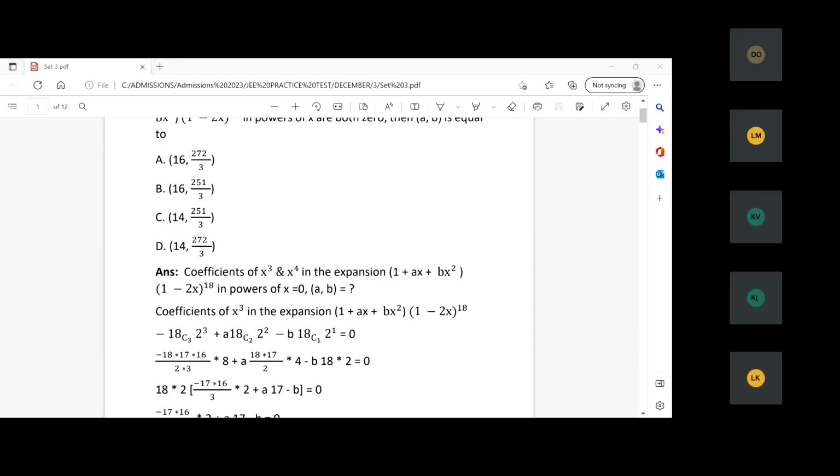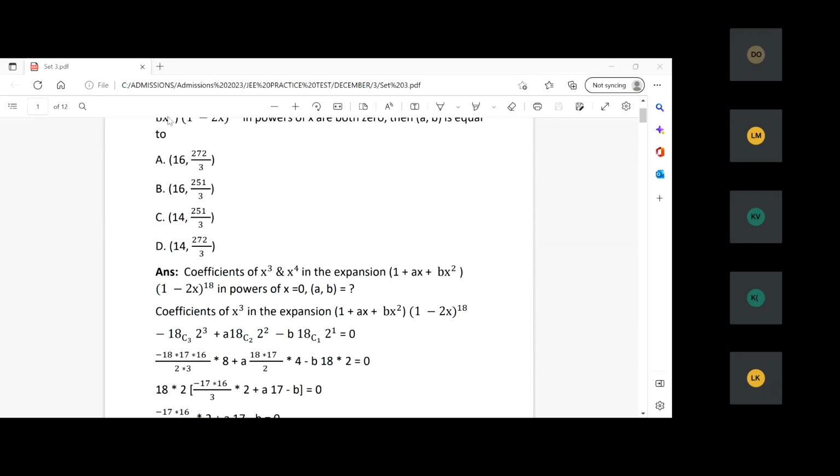I've not written all of them in detail, so you can just expand it and start assigning the coefficients. With this very simple logic, it's very easy to solve this question. It's a direct question, you need to find the value of a and b. You'll get two equations after equating the coefficients to 0. Once you solve these two equations, you have the values of a and b.